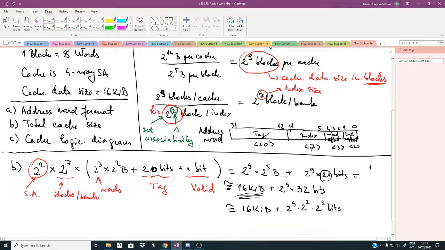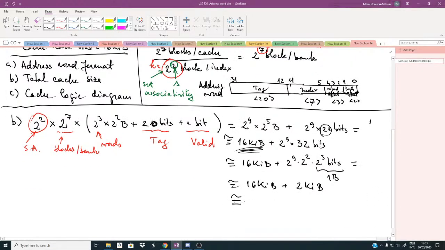One such guy, to the power of 3 bits, that's 1 byte. So this is 16 kilobytes plus this, which is 2 kilobytes. So again, it is approximately 18 kilobytes.